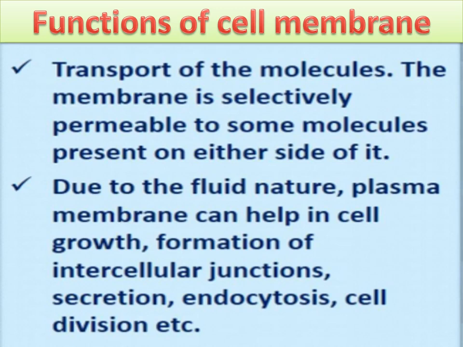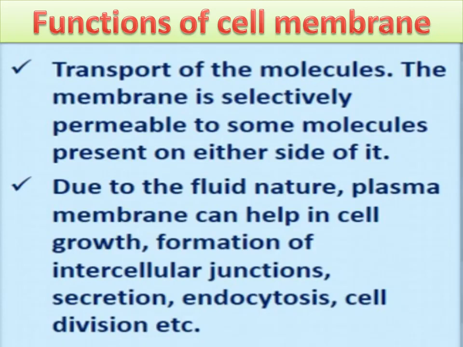Second, due to the fluid nature, because lipid molecules are quasi-fluid in nature, the plasma membrane can help in cell growth, formation of intercellular junctions between two cells, and also in secretion and endocytosis, and also in cell division.